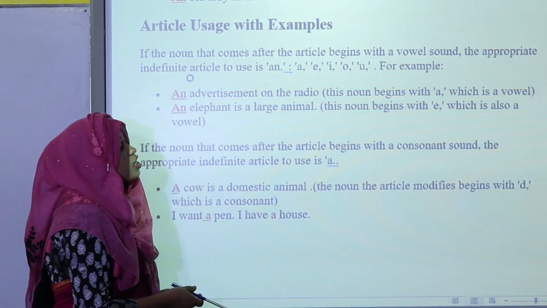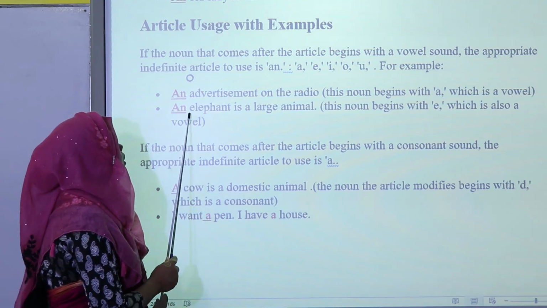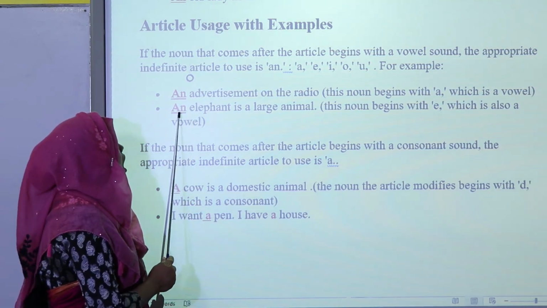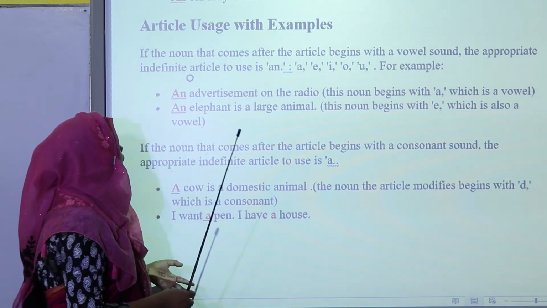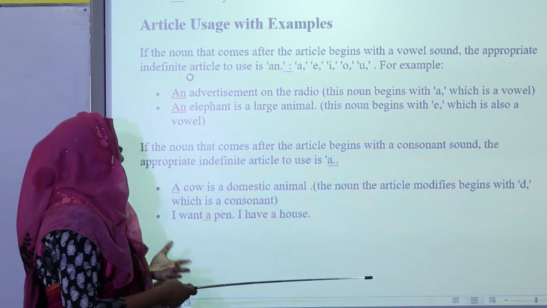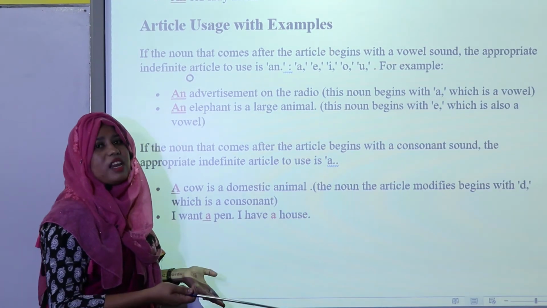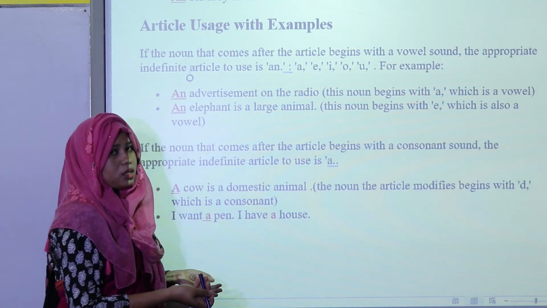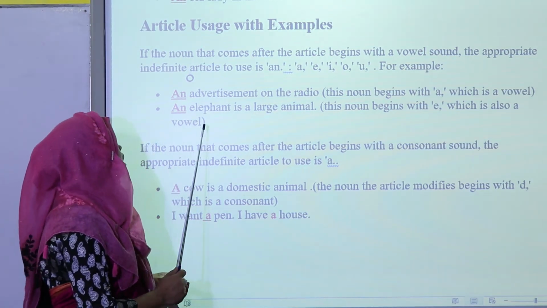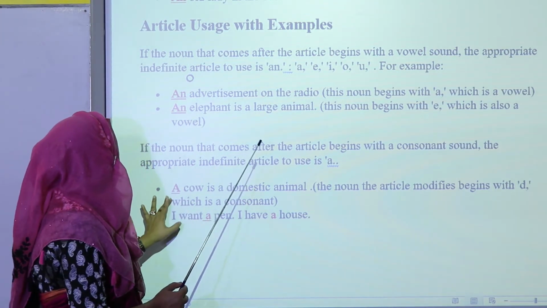This noun begins with E, elephant, which is also a vowel. And which elephant, small or little? It is not specifically mentioned. That's why we use the indefinite article an here.